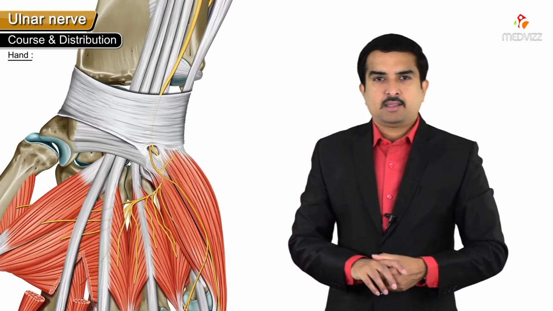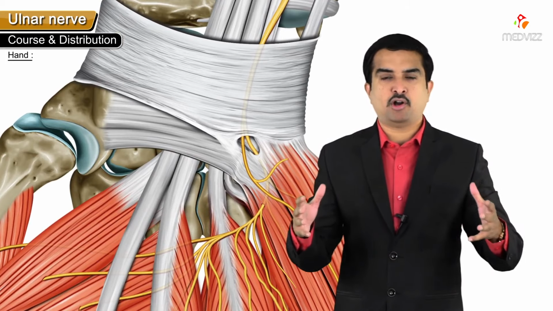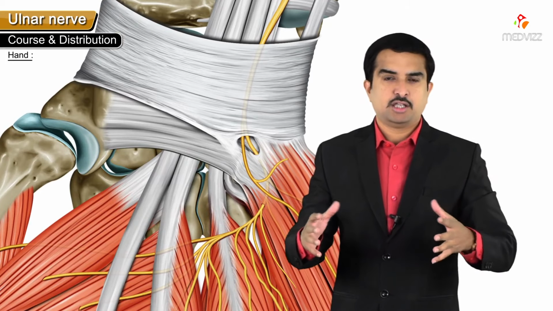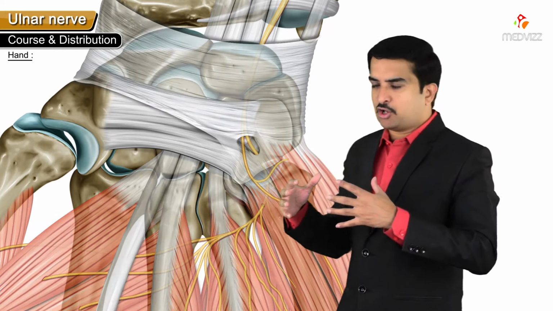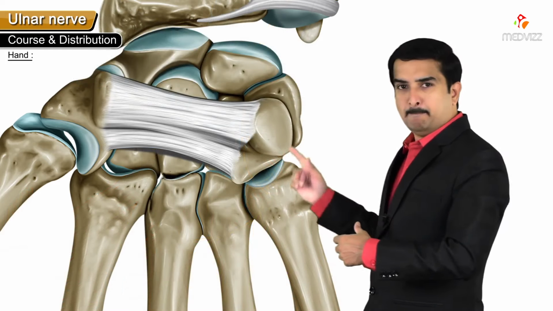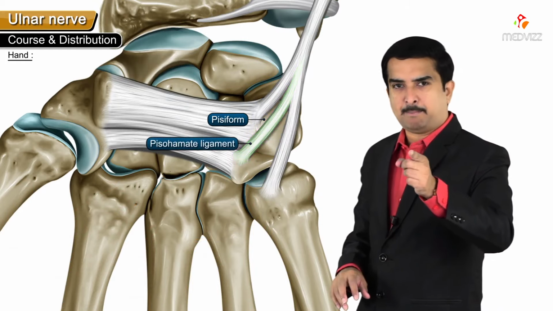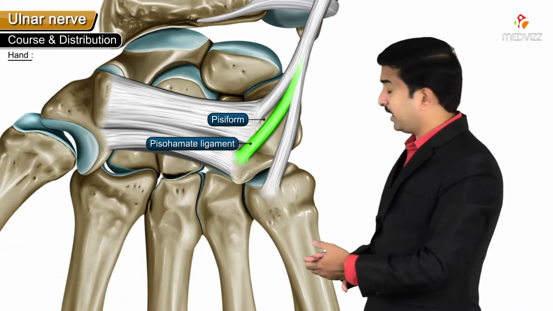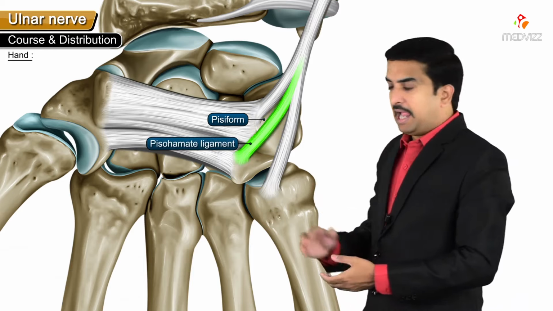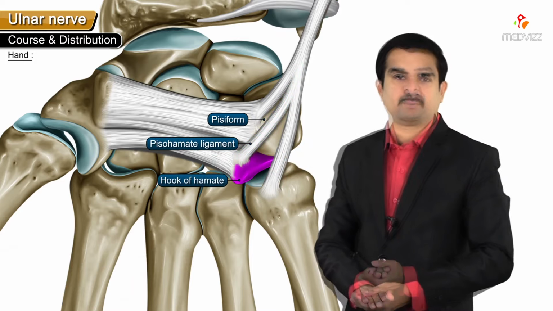Now we are at the level of the Guyon's canal. So it is important for us to understand the formation of the Guyon's canal here. So this Guyon's canal is bordered medially by the pisiform and the pisohamate ligament. Right? We can see the structures very clearly here. And laterally it is bounded by the hook of the hamate.